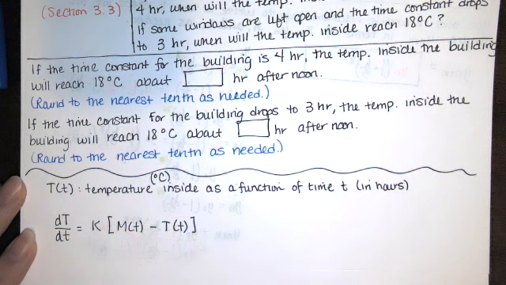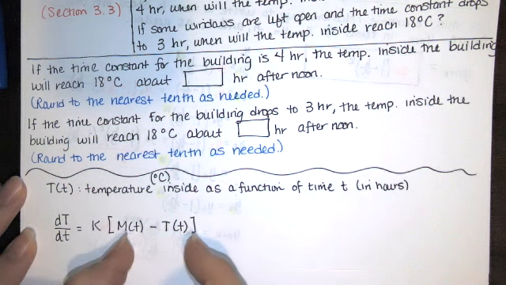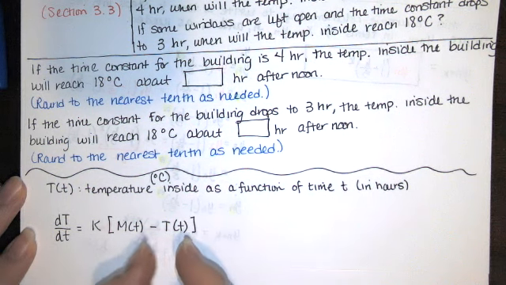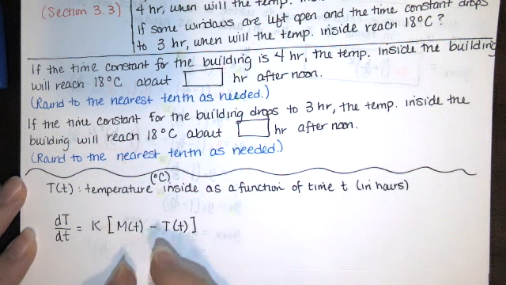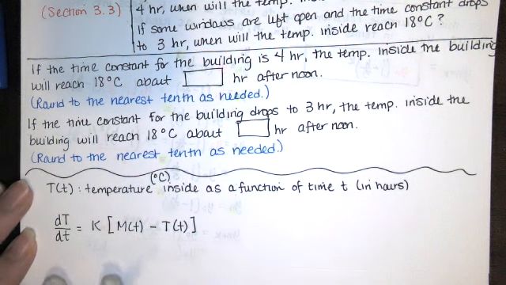And I think that we all know that that's true. If you've ever taken your coffee outside in the winter, you know that the temperature of your coffee drops a lot faster when you first get outside, when there's a huge difference between the ambient temperature and the temperature of the coffee, than when your coffee is already kind of close to ambient temperature.